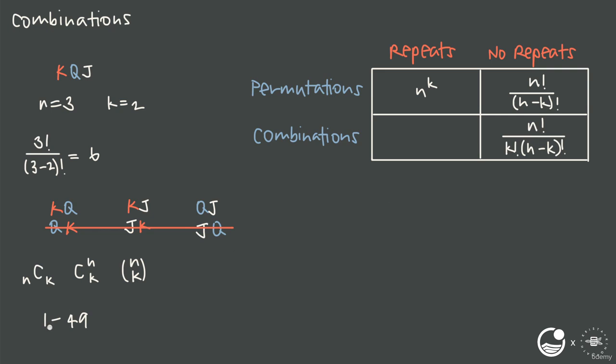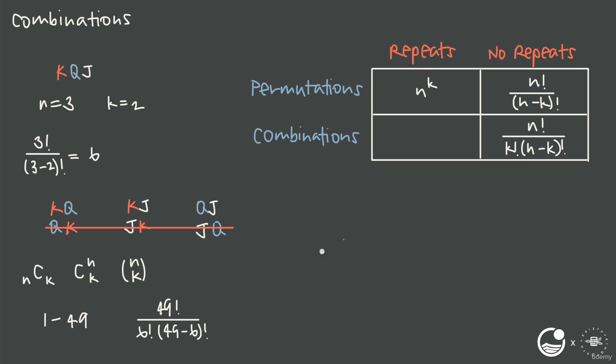But if we use this formula to calculate the number of combinations that are possible when the lottery can pick any numbers between 1 and 49, we could plug in here and find that the number of combinations is 49 factorial divided by, if we're choosing 6 numbers, 6 factorial and then 49 minus 6 factorial.